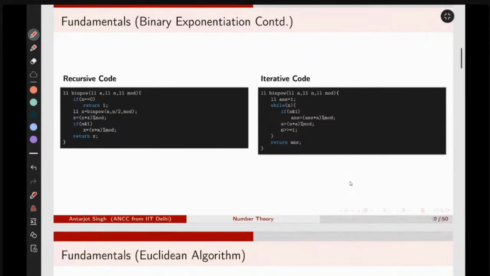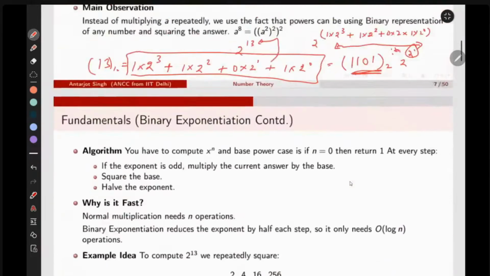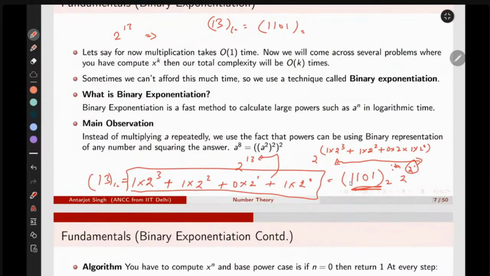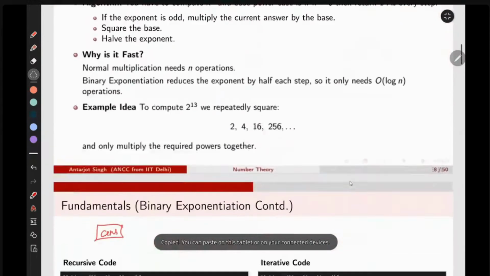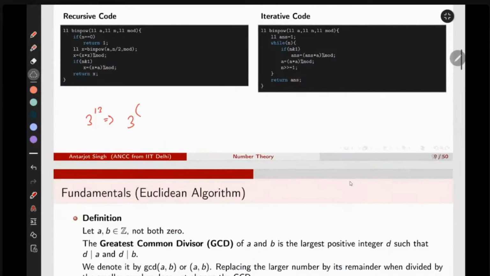So let's say you have to compute 3 to the power 13. So you have our answer, which is going to be the final answer. 13 can be written in this form, right?